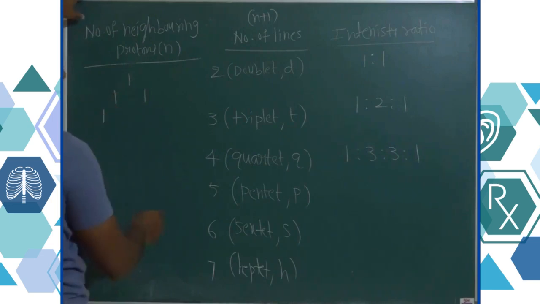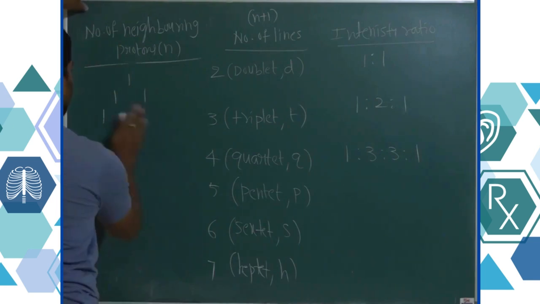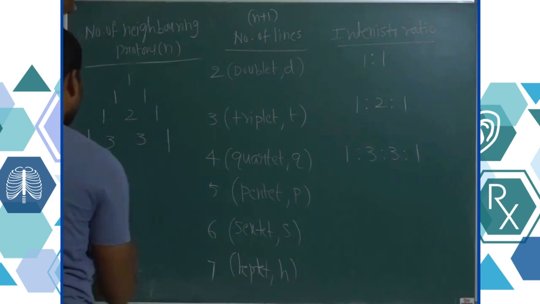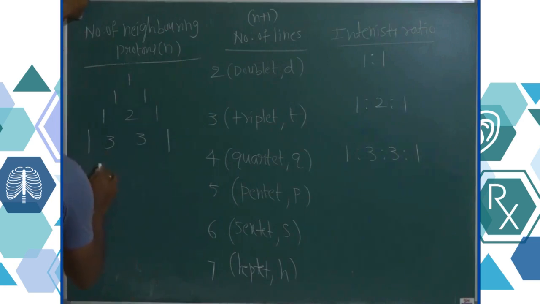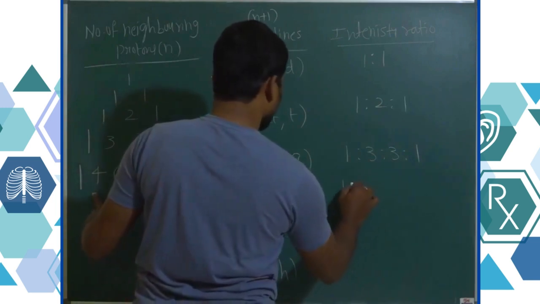Every time on the left side we take 1, then 1 plus 1 is 2, next 1, for a triplet. Next, start with 1, 1 plus 2 is 3, 2 plus 1 is 3, next 1, for a quartet with 4 lines. Next, start with 1, 1 plus 3 is 4, 3 plus 3 is 6, 3 plus 1 is 4, and last we get 1. This is called Pascal's triangle, and like this we get the intensity ratio. So for a pentet, what about the intensity ratio?